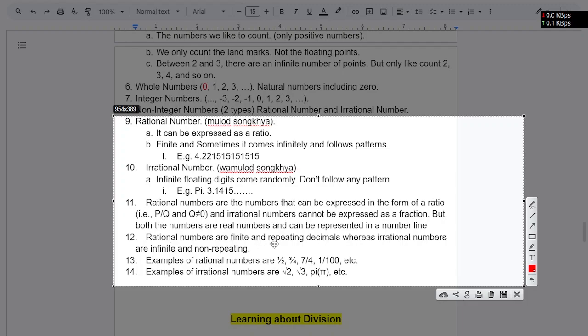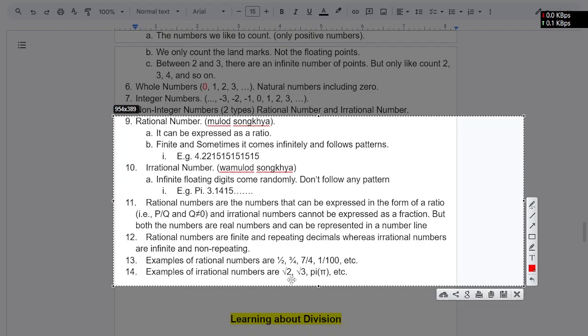Rational numbers are finite or repeating decimals, whereas irrational numbers are infinite and non-repeating. For example, pi is an irrational number because it has an infinite number of decimal places. There is no repeating pattern in root 2, root 3, and pi.